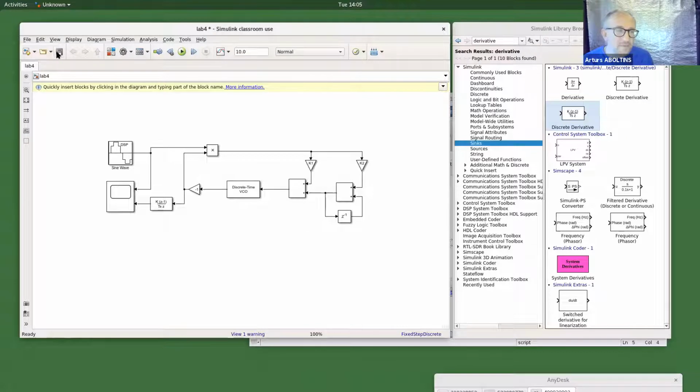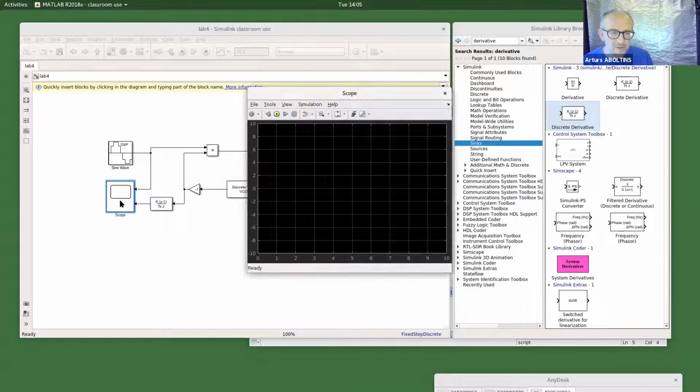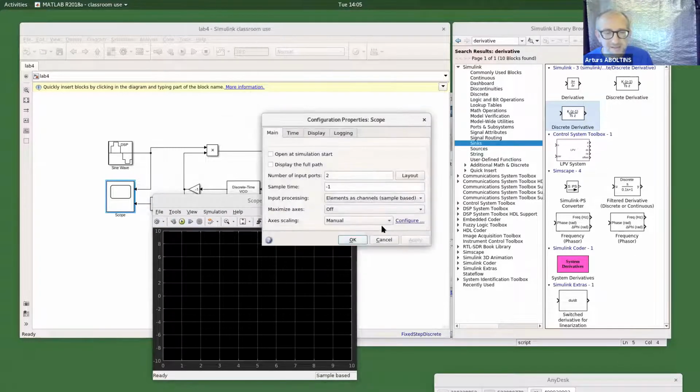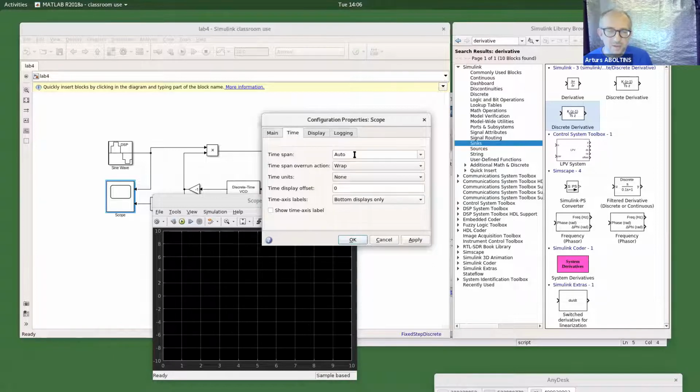And now, if we run, we must see. We also could configure the scope. We could say that it opens at simulation start because it's really convenient, and the time must be equal to, let's say, 20 periods of our oscillator.